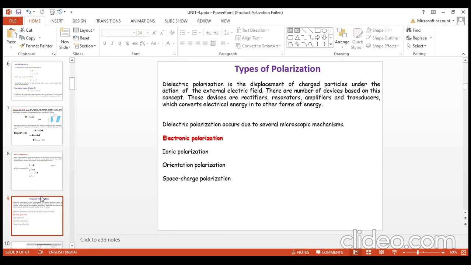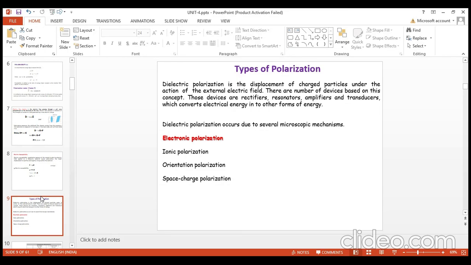Next, we are going to discuss types of polarization. When a dielectric medium is kept under an electric field, what are the ways it can be polarized? Like a magnetic material under a magnetic field, how it will be magnetized? Similarly, here instead of a magnetic field, we are applying an electric field.